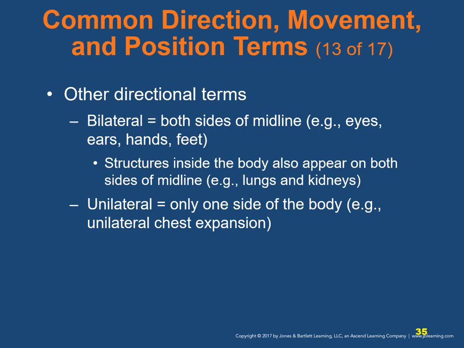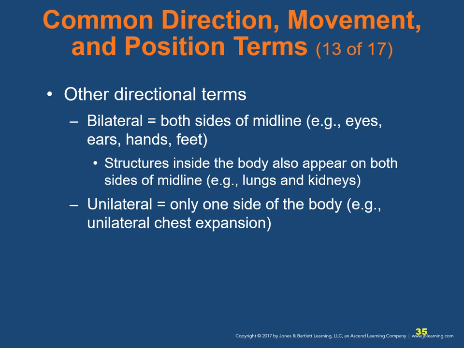Some other directional terms that are important: if a body part appears on both sides of a midline, that is bilateral. For example, eyes, ears, hands, and feet are all bilateral, and these are body parts that appear on both sides of the midline.